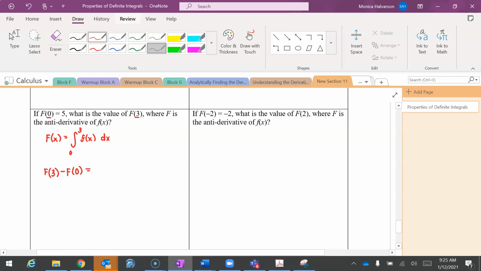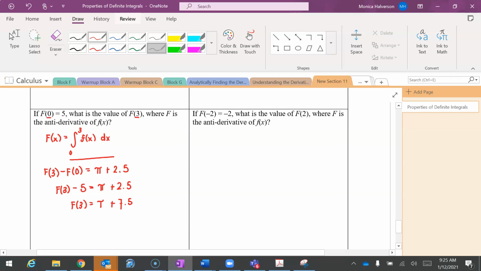We already found what this value equals. This value equals pi plus 2.5. And we know F of 0 equals 5. That's what's given to us. So now we can solve for F of 3. And F of 3 will equal pi plus 7.5.